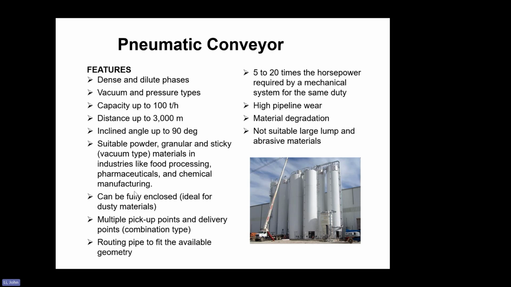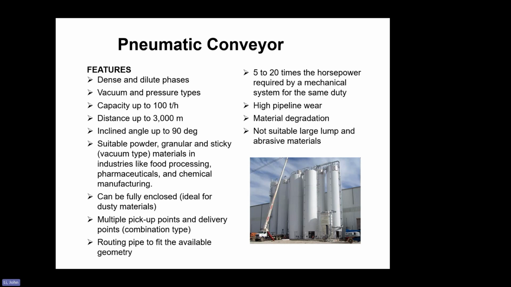And chemical manufacturing. It is fully enclosed, so ideal for dusty materials, and for multiple pickup points and multiple delivery points, combination type. For example, with the vacuum type, you can pick up from lots of points.